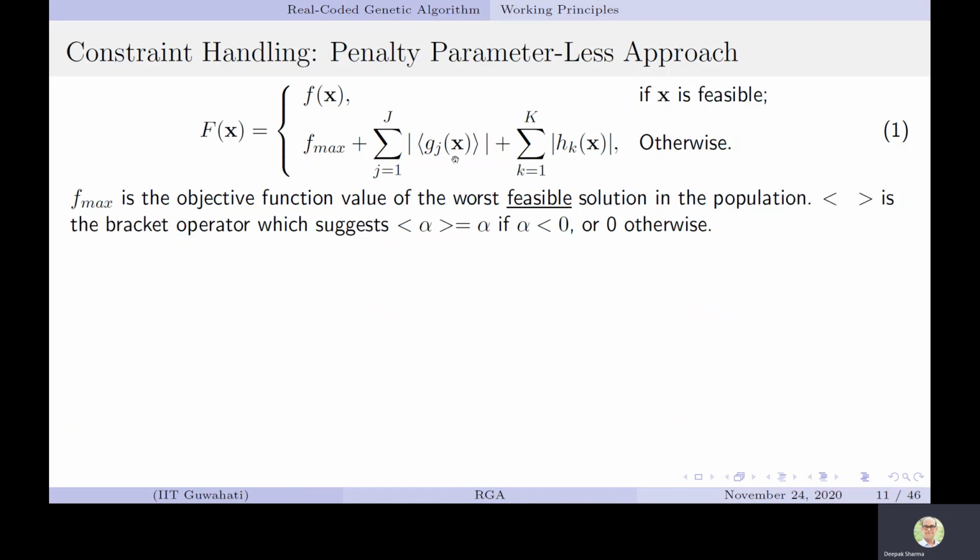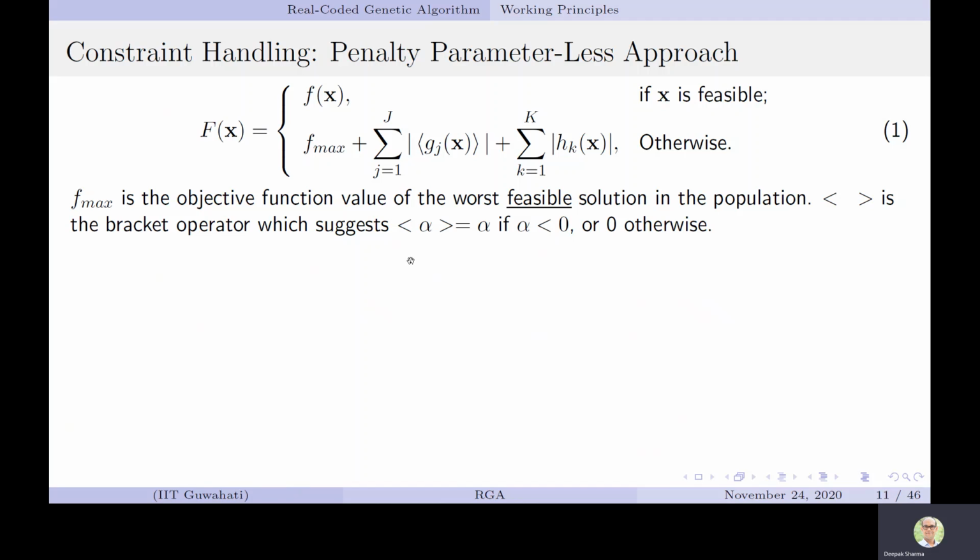We take the mod so that all constraint violations are added here. We do this for all inequality constraints, plus we have equality constraints, and we take the mod. So every constraint violation in g_j or h_k will be added to Fmax. Now the question is, what is Fmax? Fmax is the objective function value of the worst feasible solution in the population. So we'll check how we can find this.